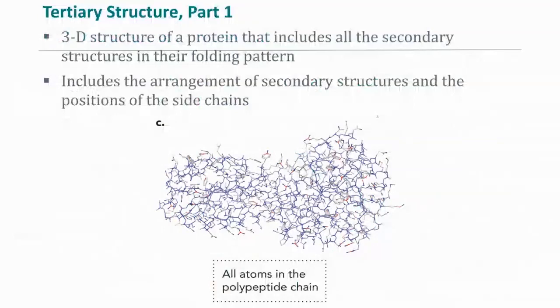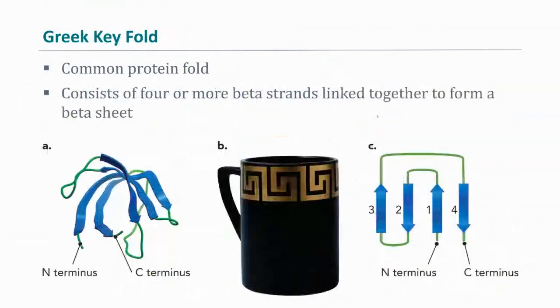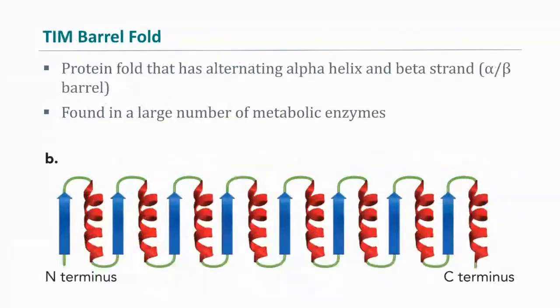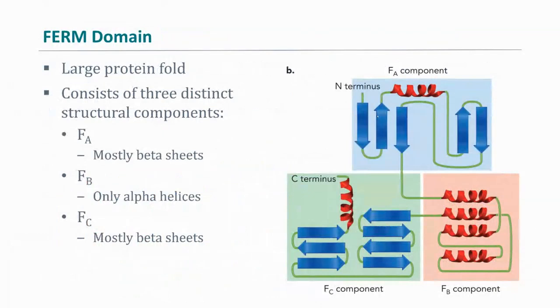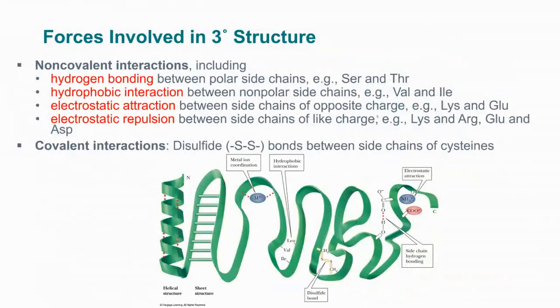And the tertiary structure is basically the 3-dimensional structure of the protein. They include all the secondary structures in their folding pattern. The tertiary structure is stabilized by several interactions. So we have hydrogen bonding between the polar amino acids.